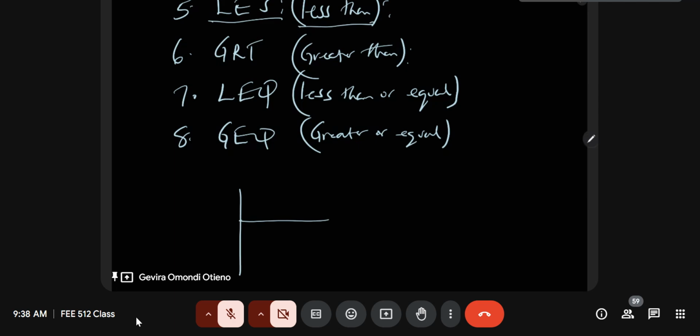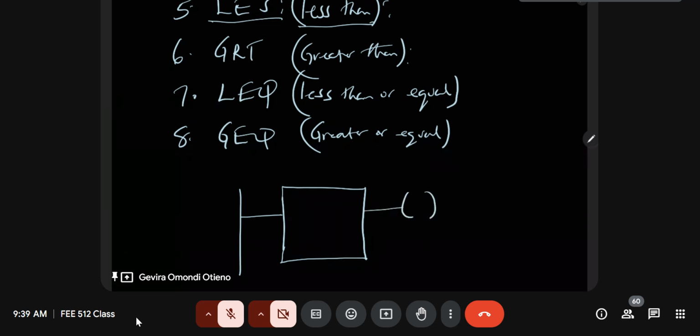Remember, I said that the data comparison instructions are input instructions. So you don't need a normally open contact or a normally closed contact. You need the input instruction itself. And then you'll need an output.